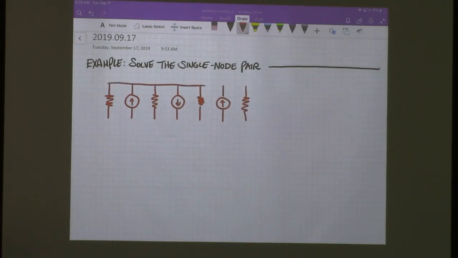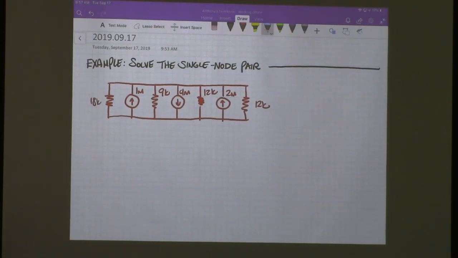The one thing that is novel about this is it's a little bit bigger than some of the node pairs we've seen so far. That's 12 kilo ohms, that's 2 milliamps, that's 12 kilo ohms, that's 4 milliamps, that's 9 kilo ohms, that's 1 milliamp, and that's 18 kilo ohms.